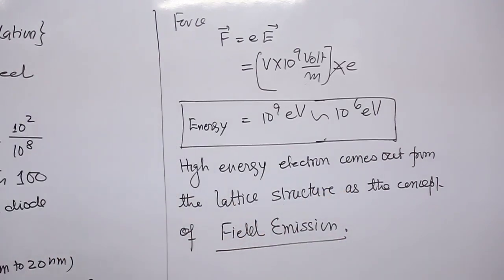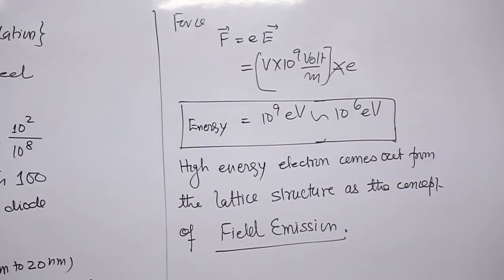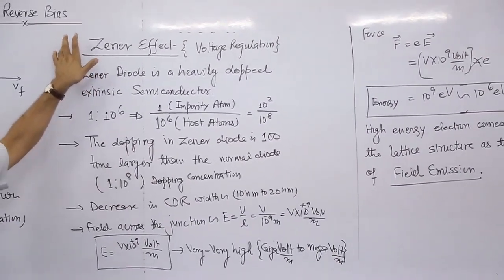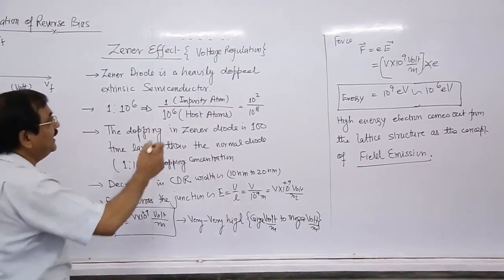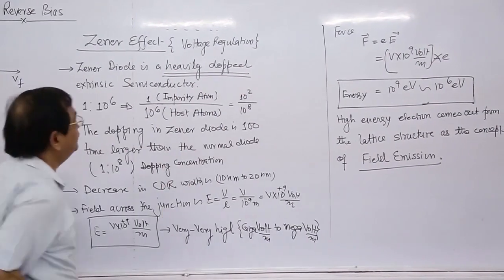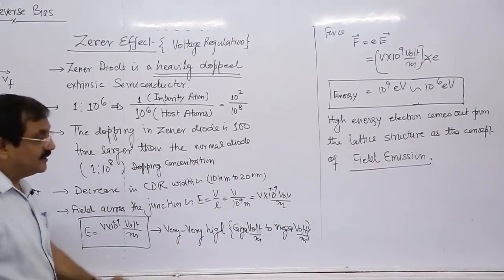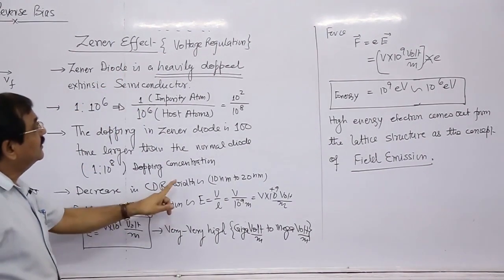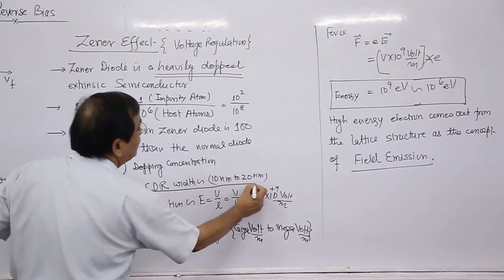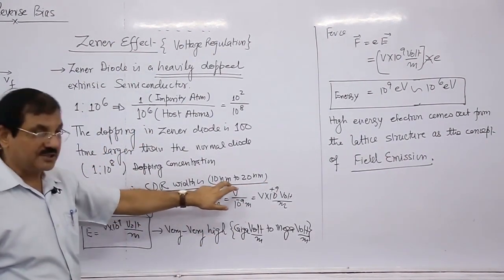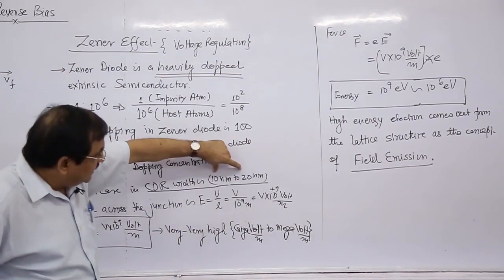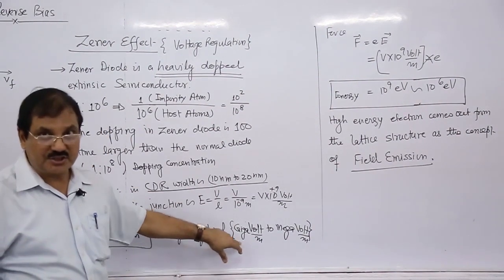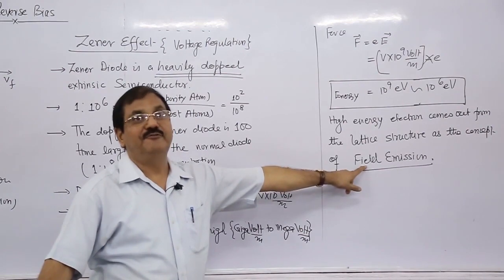This is field emission. So, in the case of a Zener diode, there are two important concepts. One is the heavily doped extrinsic semiconductor. This creates a very thin CDR region, of the order of 10 nanometer to 20 nanometer, and this thin CDR region produces a very high electric field across the junction, which gives the concept of field emission.